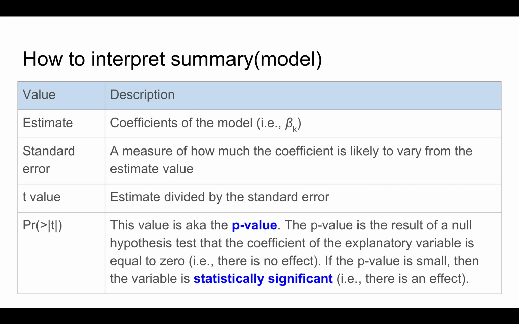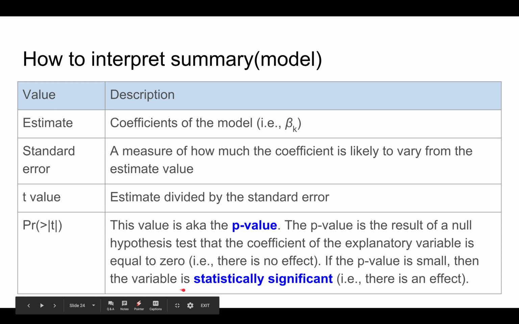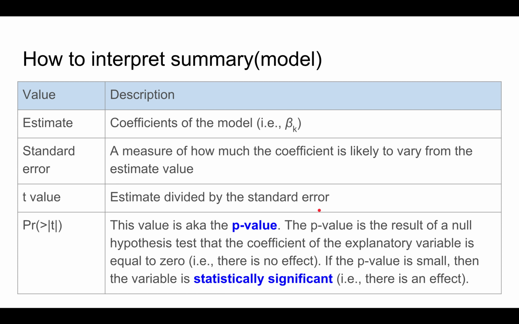I think the most important thing to know is the two important columns are the estimates, which are the coefficients, and the p-values. If the p-value is very, very small, then the variable is statistically significant, and we expect that there is an effect of that variable on the response variable.